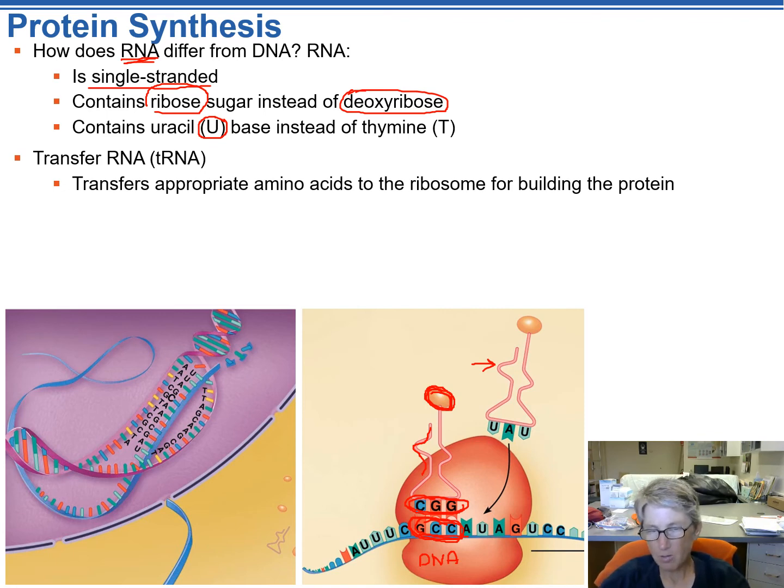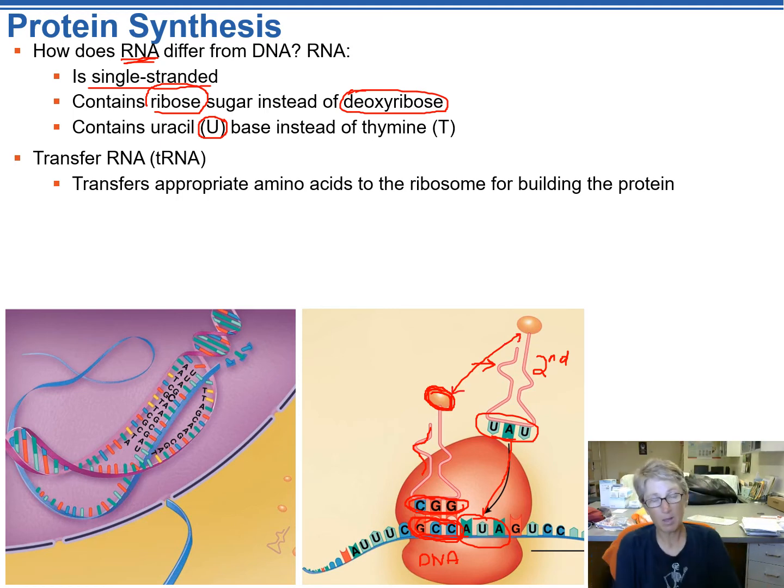And then here's the second amino acid coming in, and it's got its anticodon sequence. Here's the codon sequence on messenger RNA. And when this guy docks, these two amino acids will be linked together through a dehydration synthesis. And we talked about that when we did the chemistry videos. And then over time, you'll build this really long strand of amino acids and you'll have a protein.